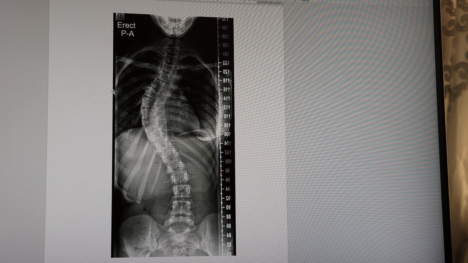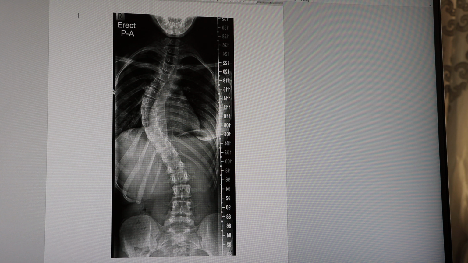As you all know, 90% of cases are idiopathic, but there are 10% of patients who are congenital, or most probably either congenital or neuromuscular, but there are far too many other causes as well.